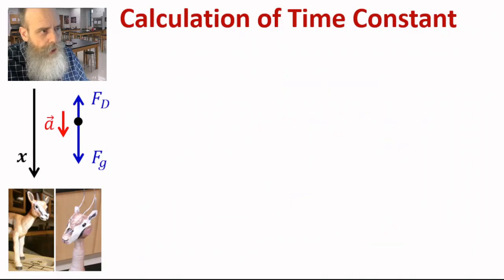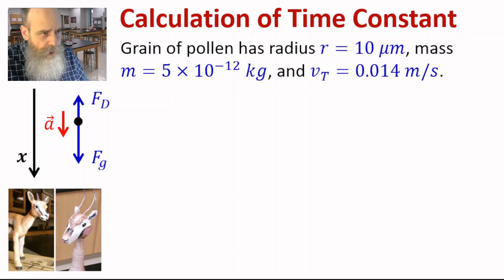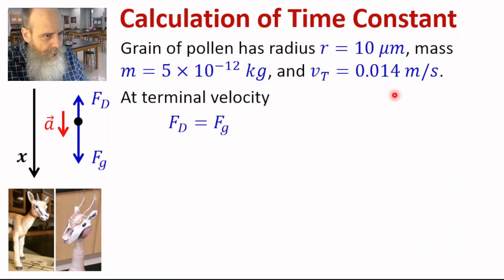Let's look at the calculation of the time constant. For the same grain of pollen, radius is 10 micrometers, mass is 5 times 10 to the negative 12 kilograms, and the Vt which we just calculated, 0.014 meters per second. At terminal velocity, the drag force equals the force of gravity because the net force is 0.